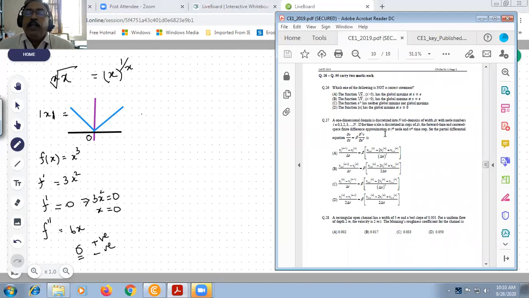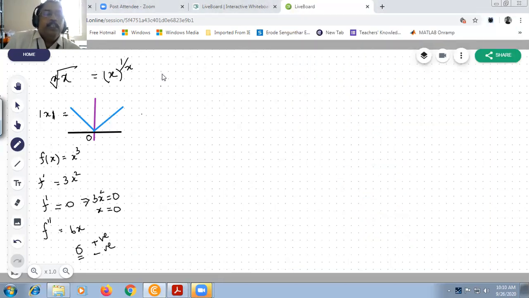Right? So the point is whether x power 1 by x for x greater than 0 has a global maxima or minima. You differentiate. First you take log on both sides. Let us say y is equal to x power 1 by x. Ln y is equal to 1 by x.